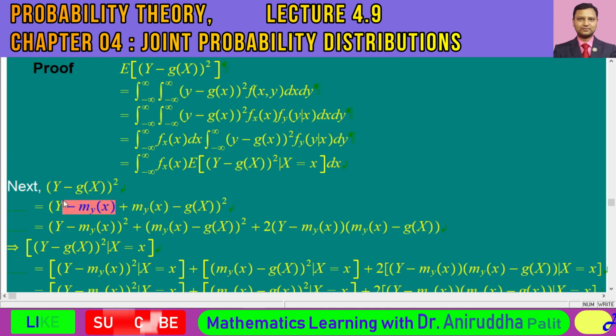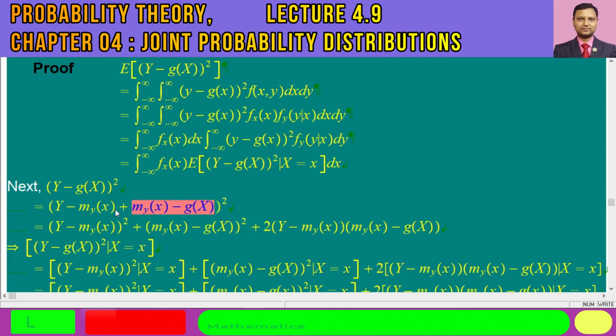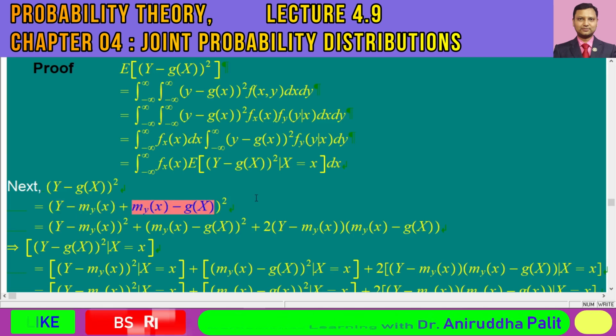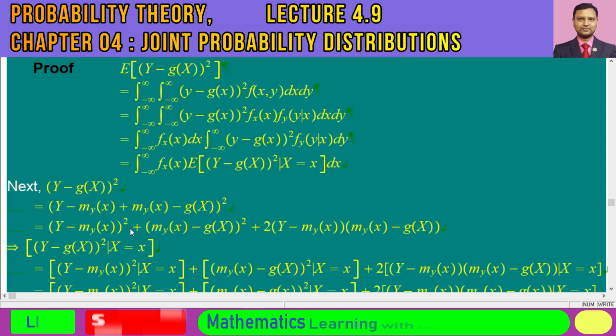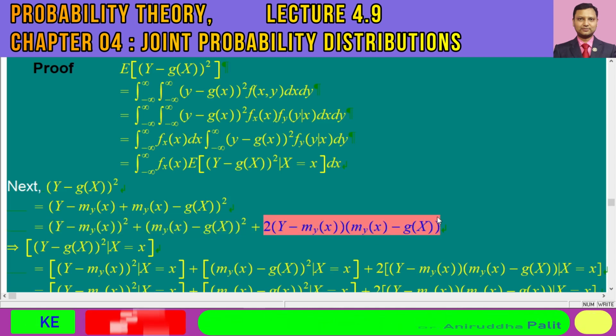So it can be written in the form (a plus b) whole square. This is our a, this is our b. So the (a plus b) whole square formula is to be applied: a square plus b square plus twice ab.